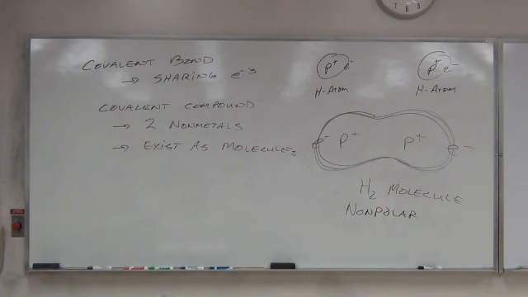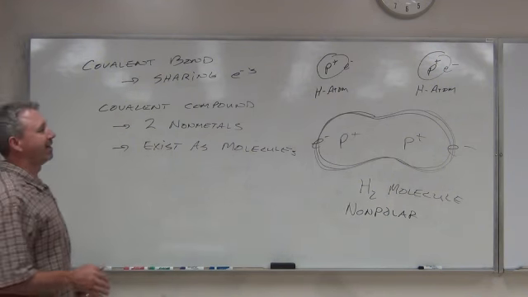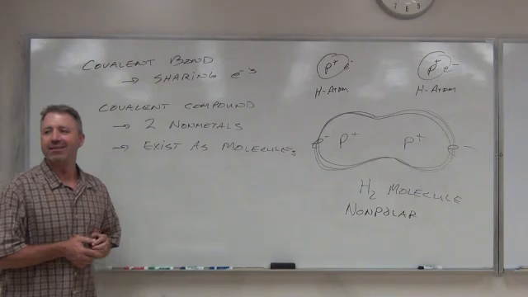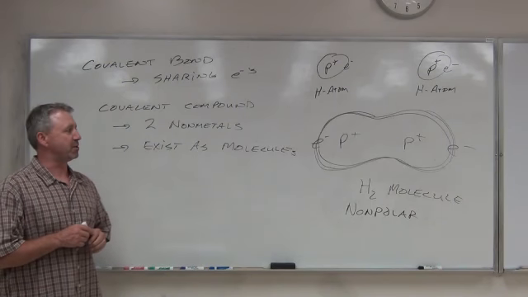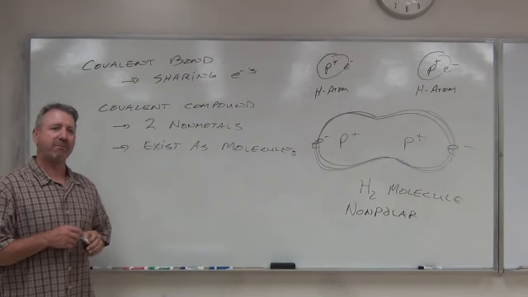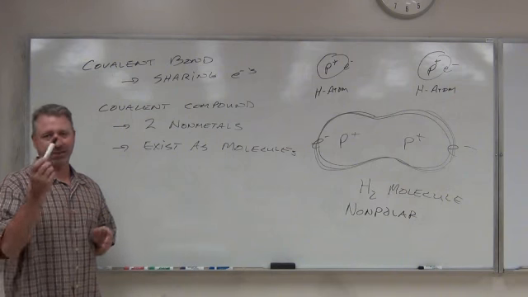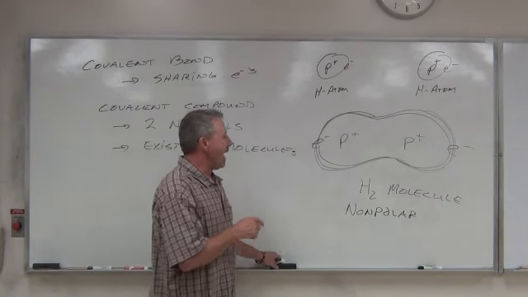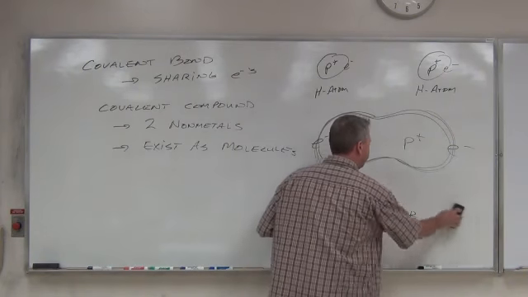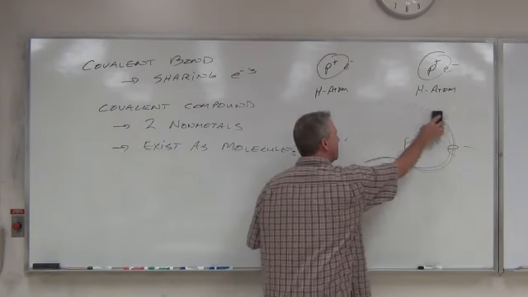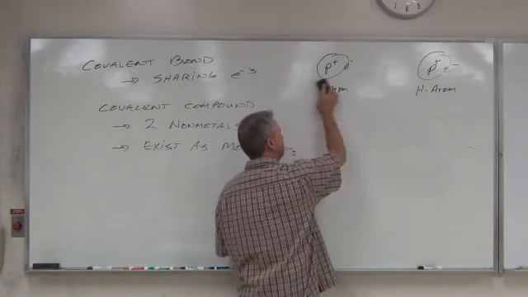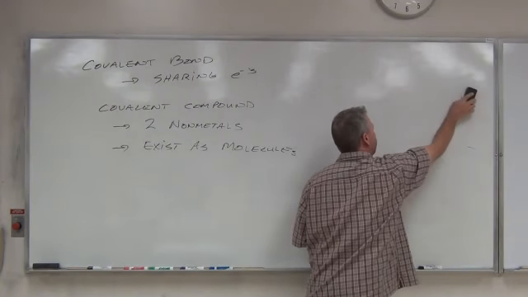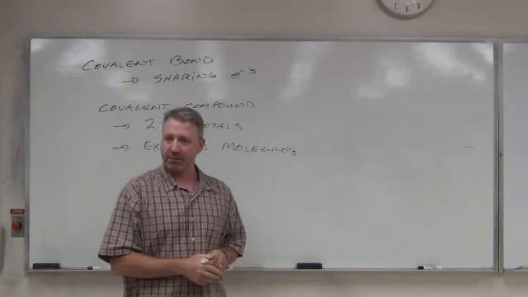I guess I shouldn't say that. The electrons are perfectly symmetric between them. There's an exception to that. But what happens if you have two nonmetals that aren't the same nonmetal?